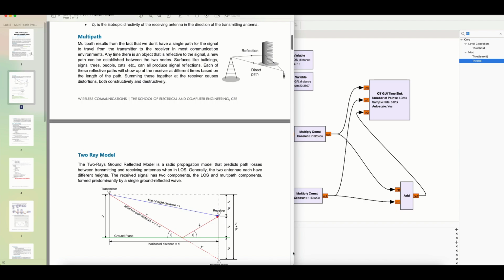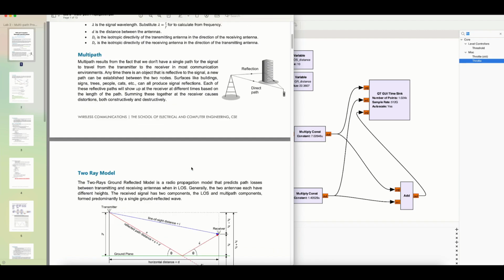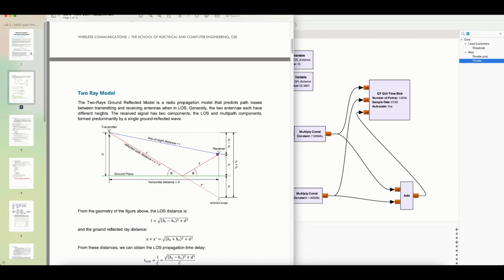The first concept generally discussed in wireless communication is known as the two-ray model, which is a very famous model where we consider Earth as a perfect reflector and you have a line of sight. This is the basic diagram that you normally find in any wireless communication book, such as Rappaport and Goldsmith's books.